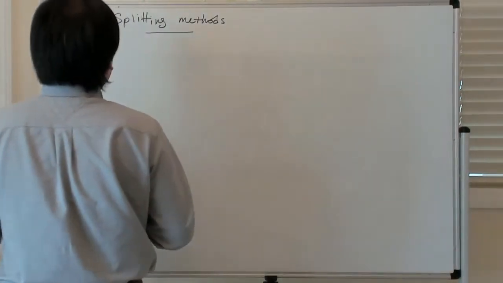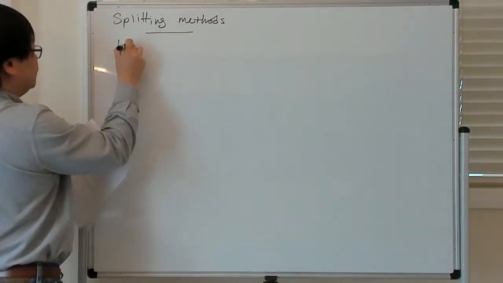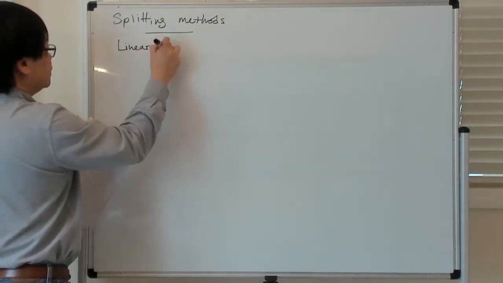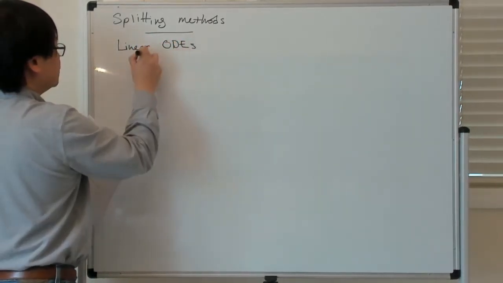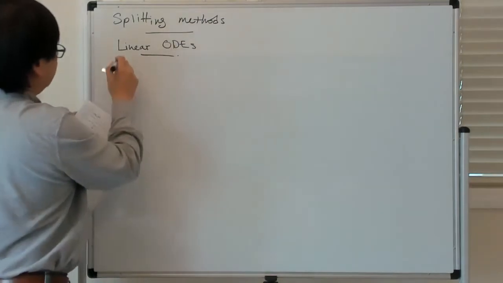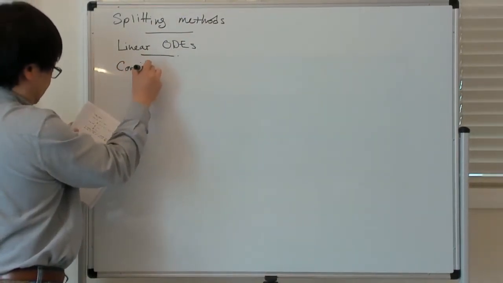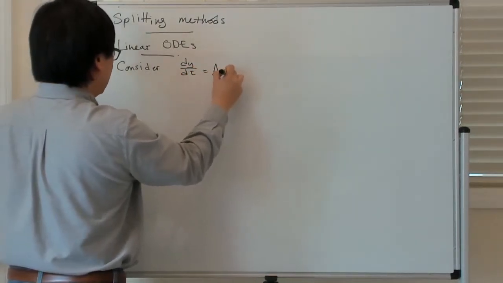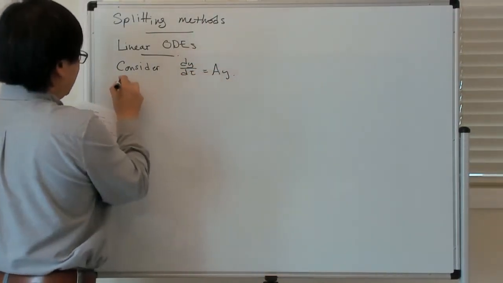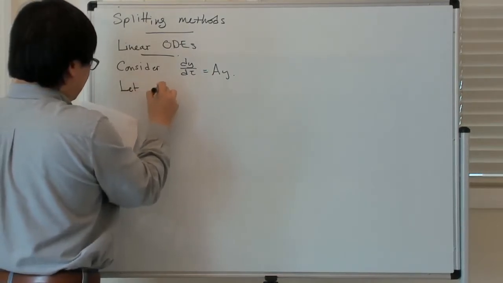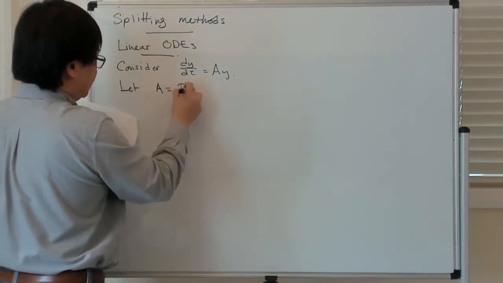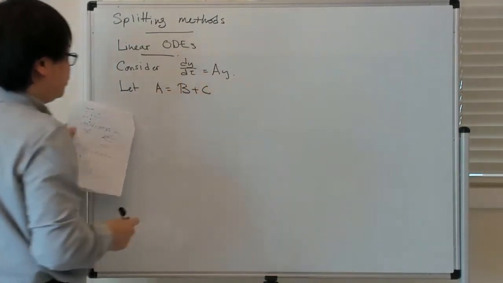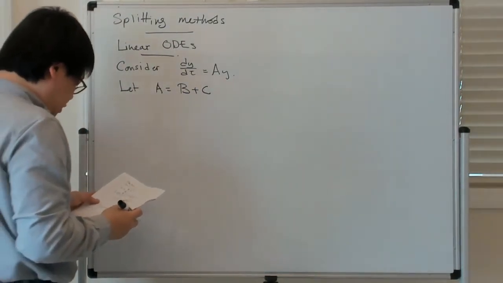All right. So specifically, I'm going to look at the case of linear ODEs. Okay. So you consider the case where dy/dt is equal to, say, A y, right? And you let A be written as some combination of two matrices, B and C, right?